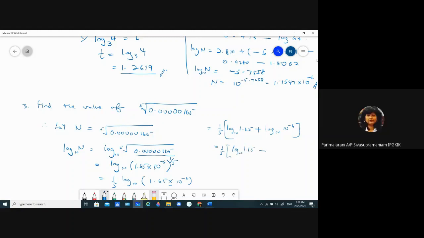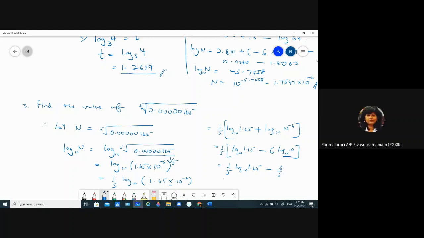Here is negative, bring the negative 6 to the front, negative 6. What is log 10? This is 1. So we have 1 over 5 log 10, 1.65 minus 6, over 5.